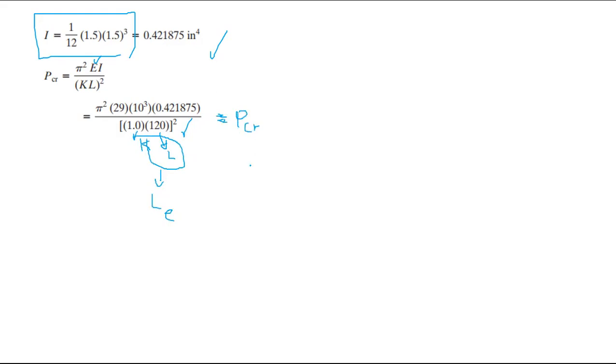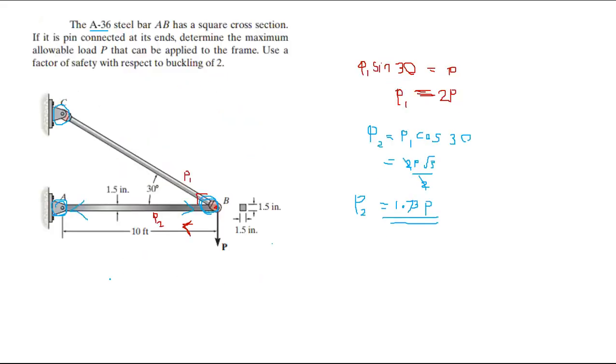So the buckling load. If you apply a P load here, the load on this member is 1.73 times P. You are not applying a direct compression load to this member, but you apply a vertical load such that this member will compress.